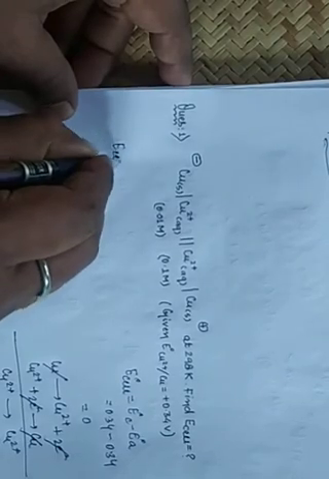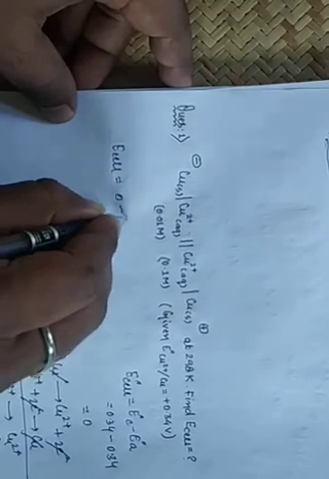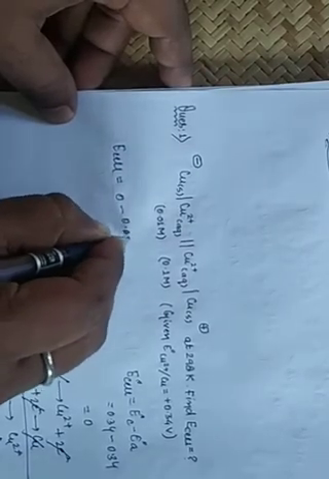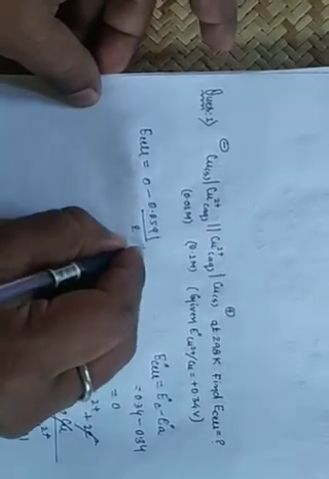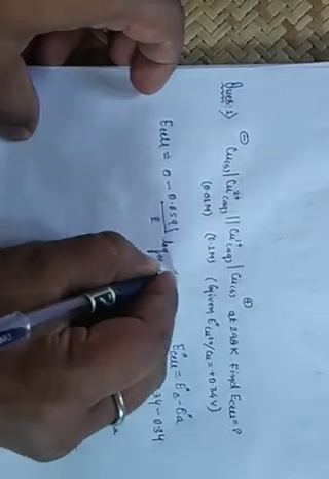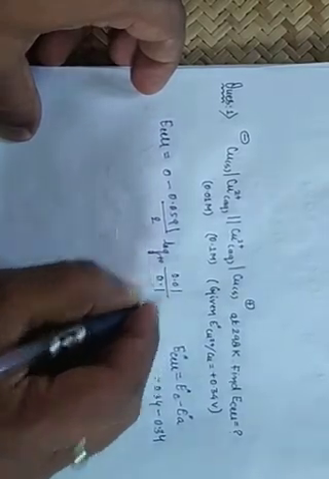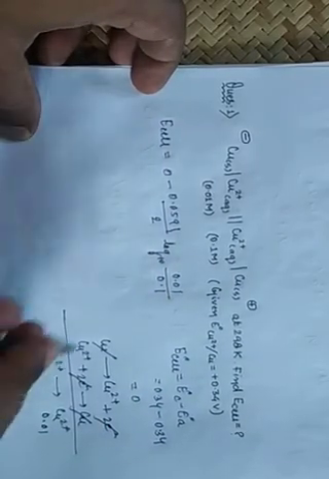E cell is equal to E naught cell, which is 0, minus 0.0591, and the number of electrons is 2, and log of base 10. Product is Cu2 plus with value 0.01, and the second part, the reactant, is 0.1.